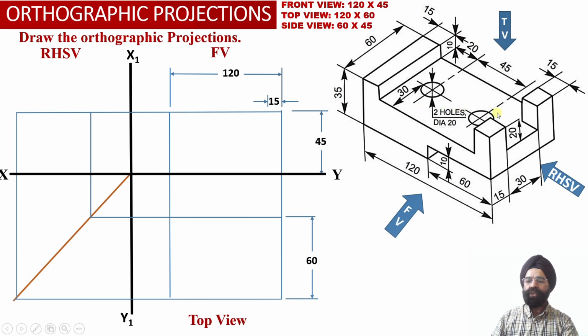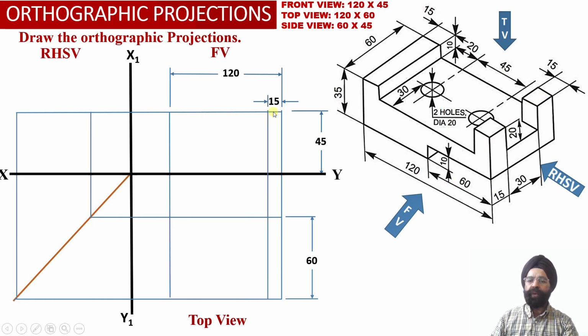So now we know that the dimension of the square block, that is element number 3, happens to be 15 millimeter by 15 millimeter. So we have marked a distance of 15 millimeter corresponding to these two square blocks, which will be overlapping with each other in the front view projections over here.